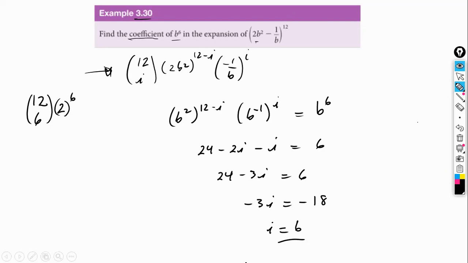And then this times negative 1 to the power of 6. So this is going to equal 59,136. If they had asked us for the term, then this would be 59,136 b to the 6. But they only want the coefficient, so that would be this.